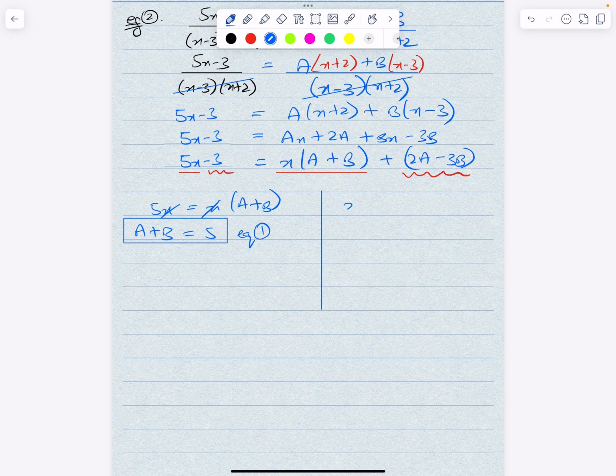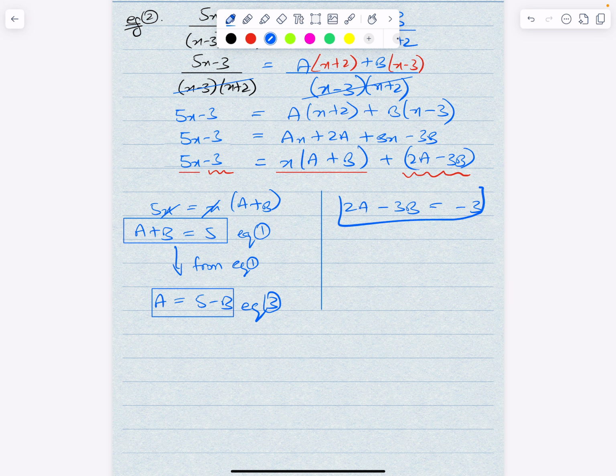And for the second equation, I have 2A minus 3B is equal to minus 3. So from equation 1, I have A is equal to 5 minus B. This is my equation 3. This was my equation 2.